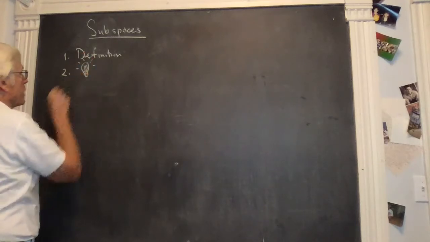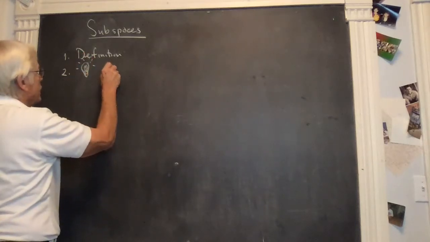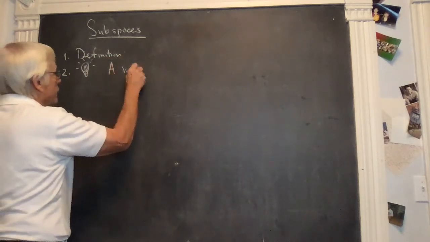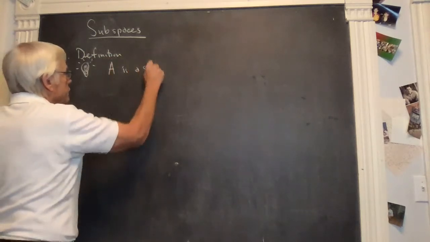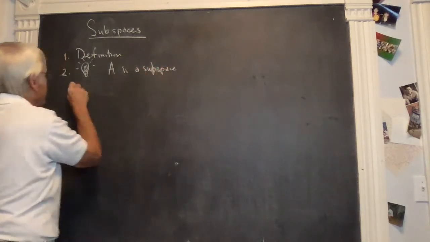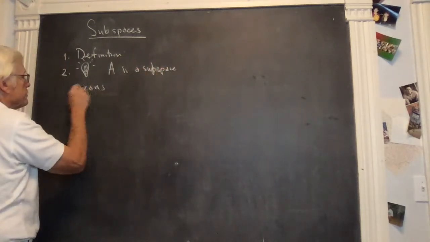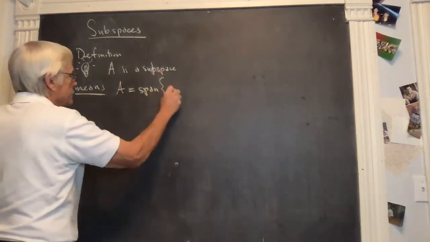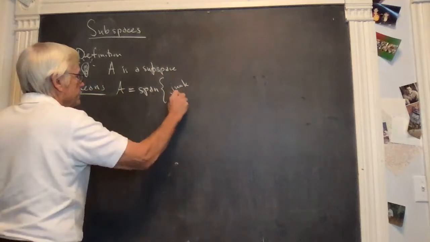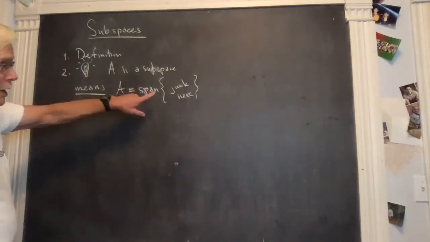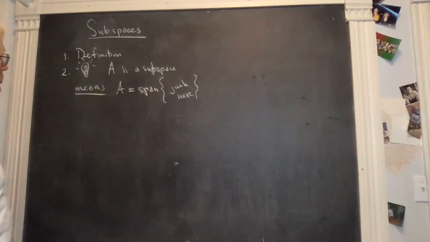The idea that A is a subspace means A equals the span of something. So if you could write A as the span of something, then it's a subspace. So this is the key idea here.